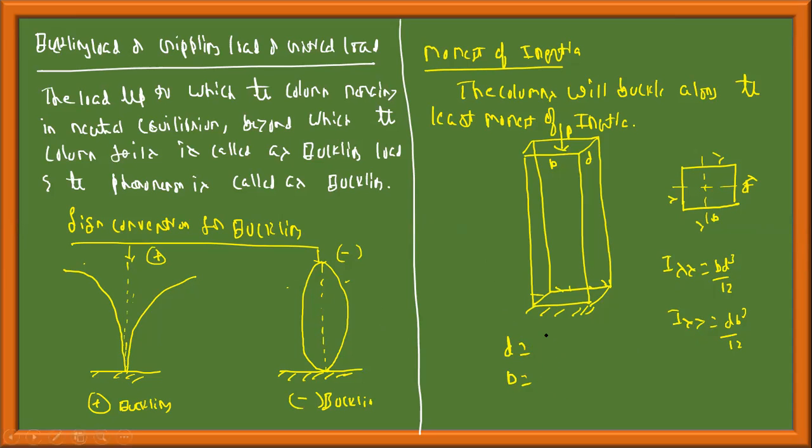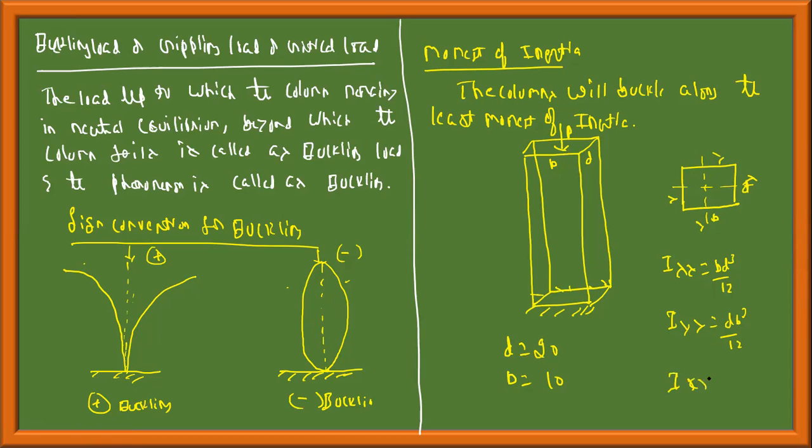This will be 20, this will be 10. So along the least resistance, buckling will happen. So Iyy is DB cube by 12, where D is 20, B is 10, the whole cube.